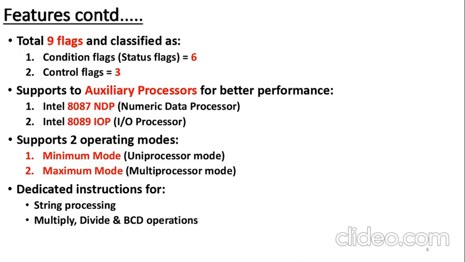We'll see the set of instructions in detail when we go to the instruction set of the 8086 processor. So these are some of the features of the 8086 microprocessor, and equally those features are applicable to the 8088 microprocessor. Now let me tell you that both the 8086 and 8088 processors from Intel are 16-bit microprocessors.